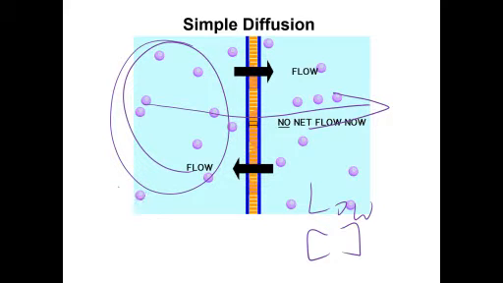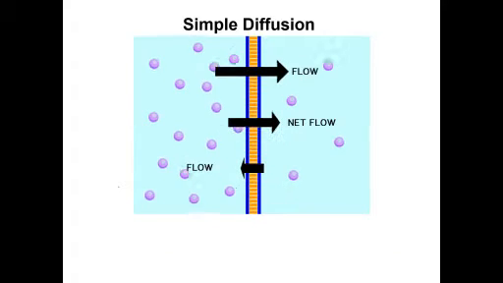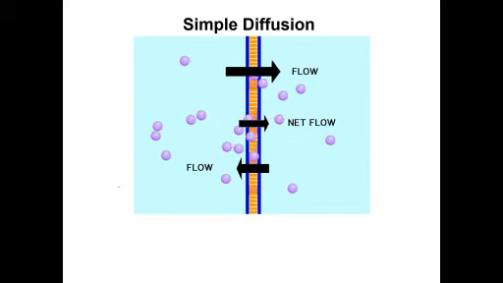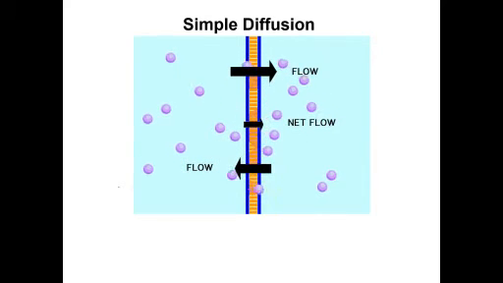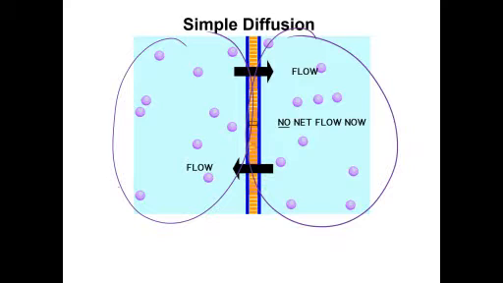Now over time, these particles will evenly spread out so that there's an equal proportion of these particles on both sides of the cell. So you'll have an equal or fairly equal concentration.